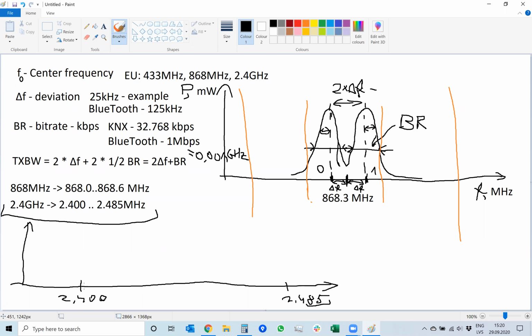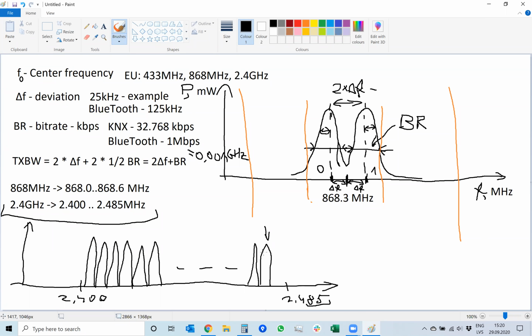So Bluetooth uses frequency hopping, and it has 85 channels side by side in this band. And as a result, if one Bluetooth device sends at a certain frequency, other Bluetooth devices hear it, and they choose a different frequency to communicate.